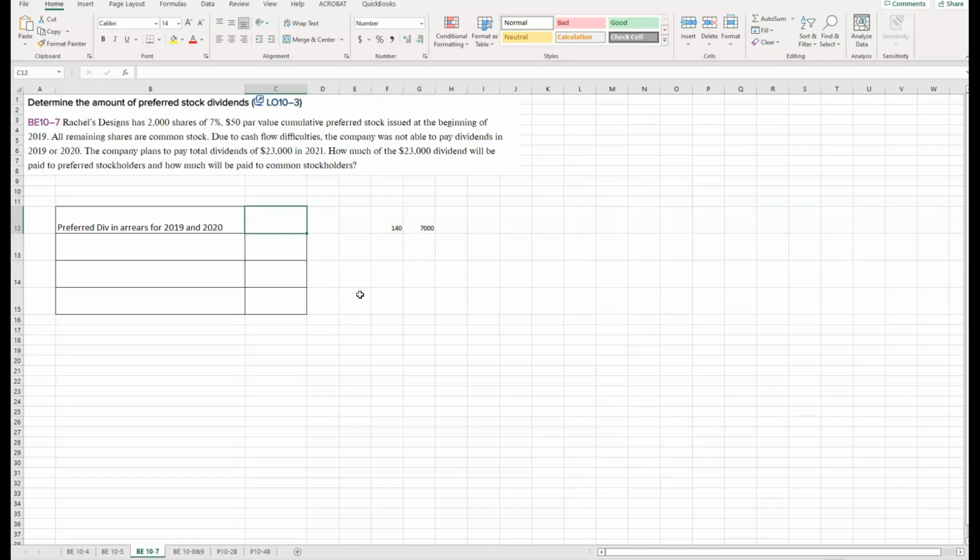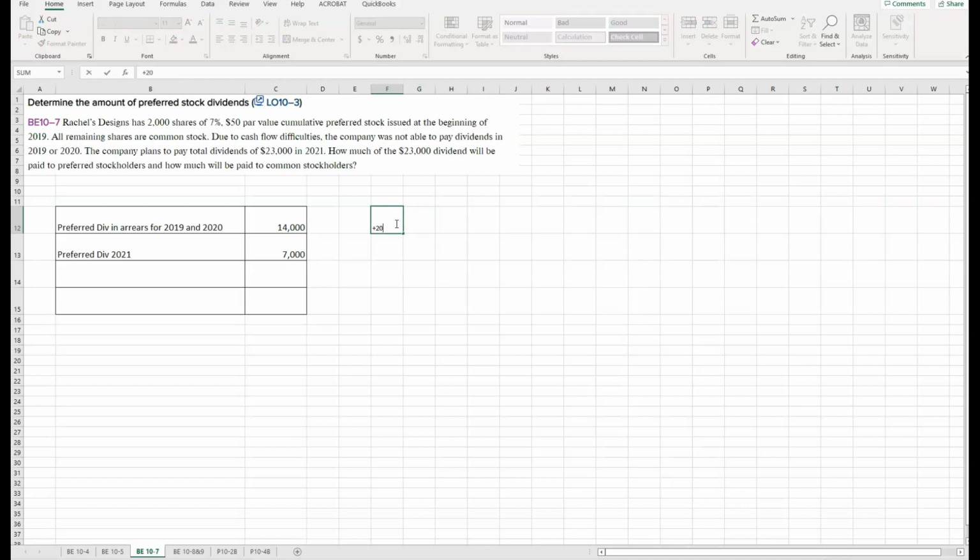If it's in arrears for 2 years, it's 7,000 times 2, or 14,000. And then preferred dividends for 2021 would be 7,000 because it's 7,000 per year. Let me just not split this up because we don't have to worry about order of operations.